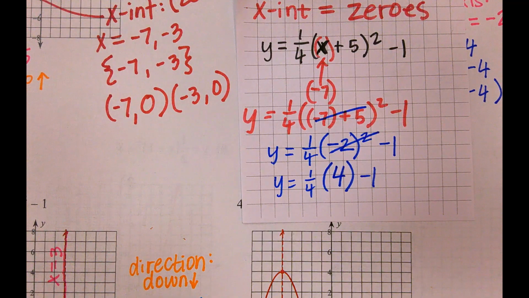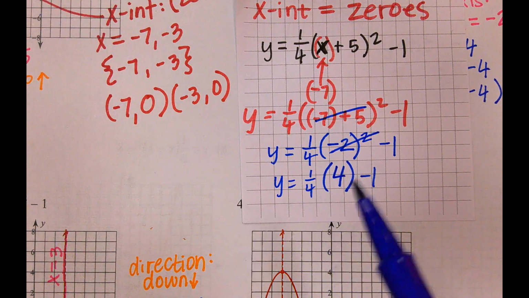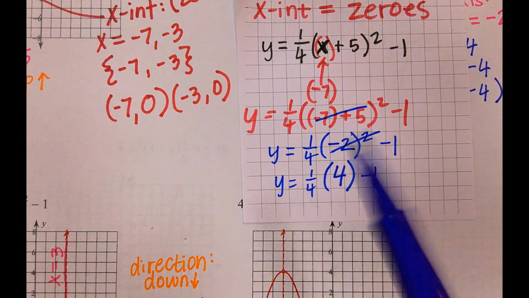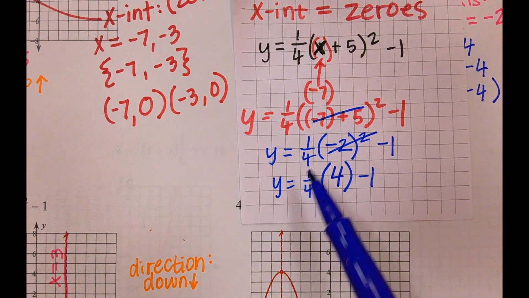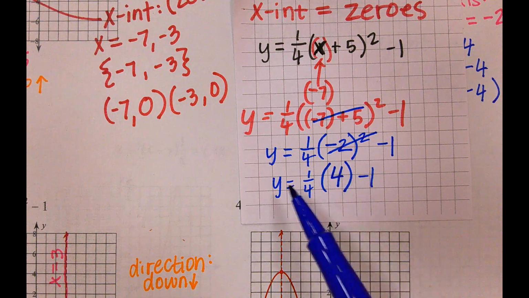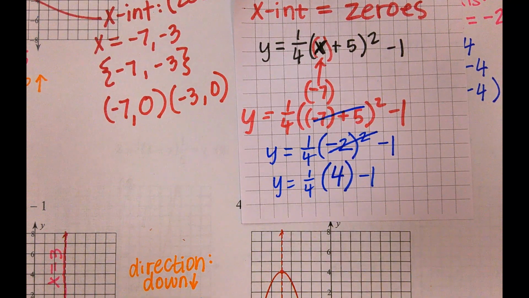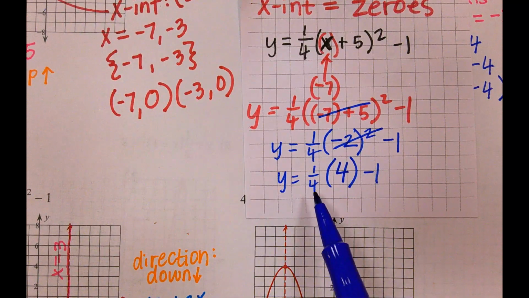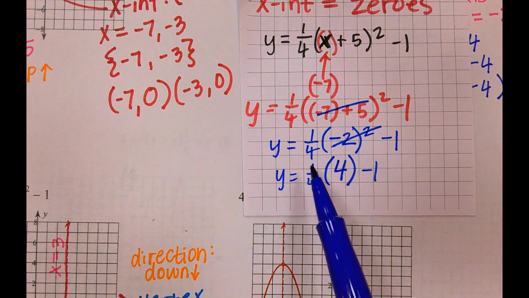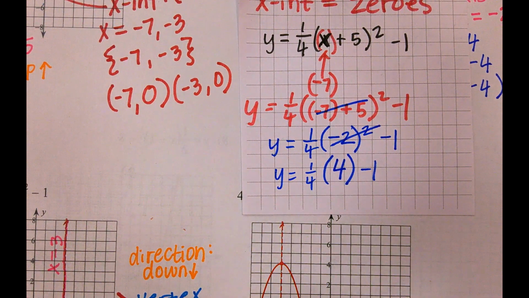Okay. Now I have this. I don't have any more exponents. So what's the next step in the order of operations? Multiplication and division. Yes. Okay. So I have 1/4 times 4. This is also like 1 divided by 4 times 4. That's all a fraction is, a division problem.